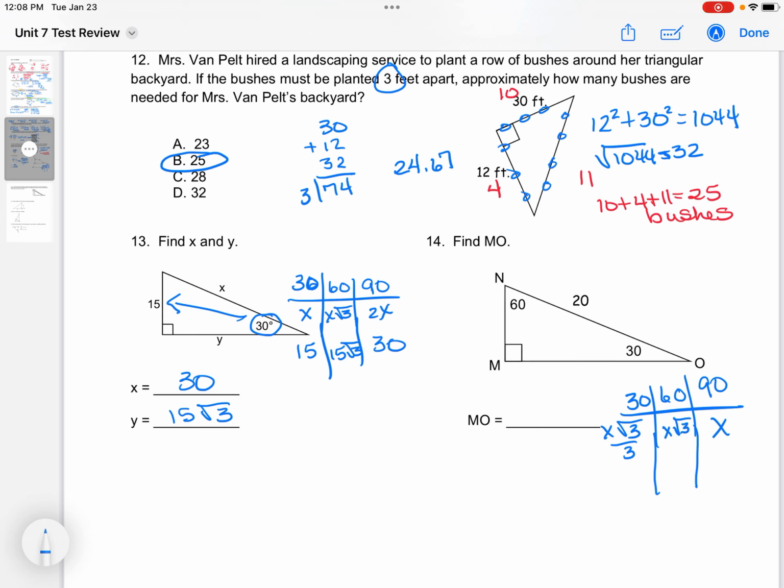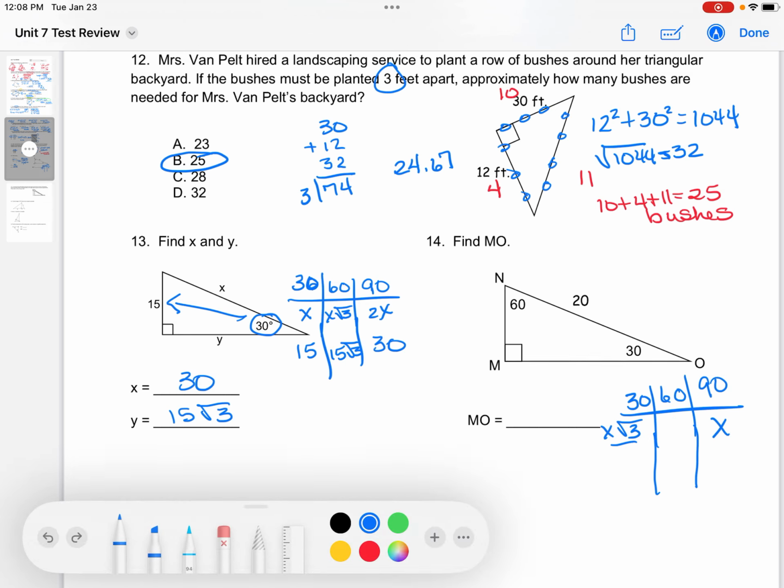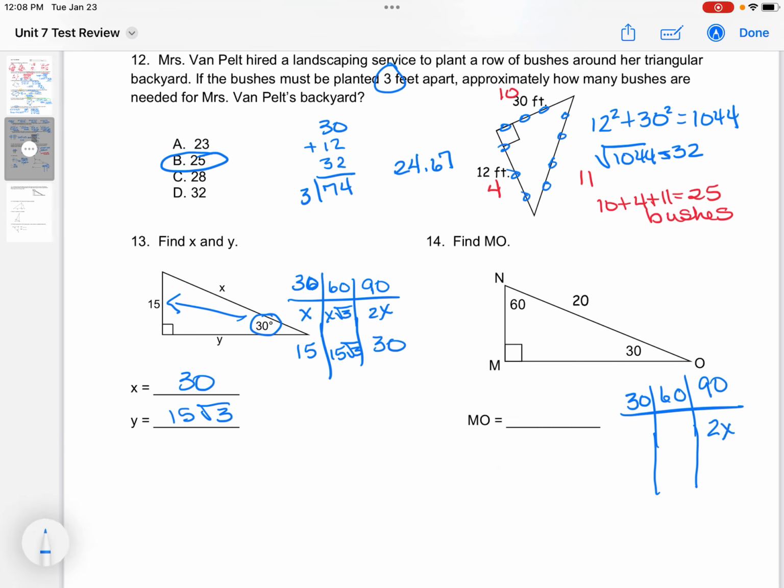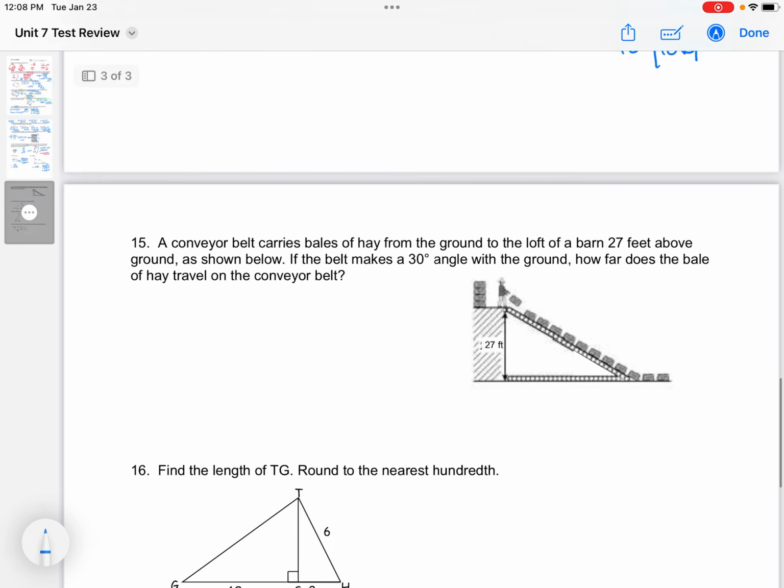No, that's going to be this one. No, oh my gosh. Just ignore this whole thing I just did, because I was trying to do my other one. I was trying to do 45, 45, 90. 2x, x, x square root 3. So we have 20, 10, 10 square root 3. M to O is 10 square root 3.